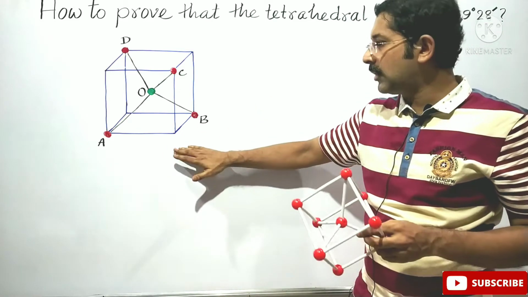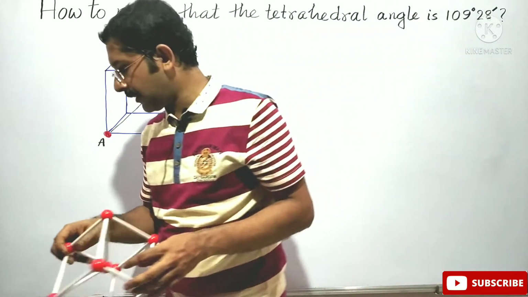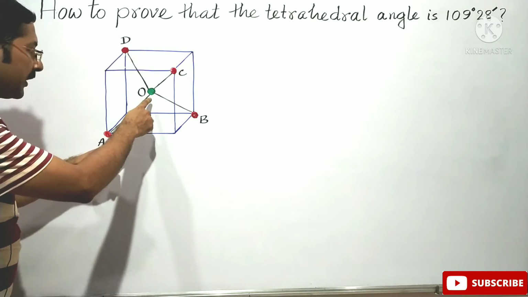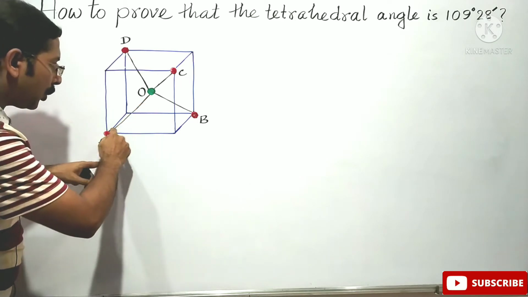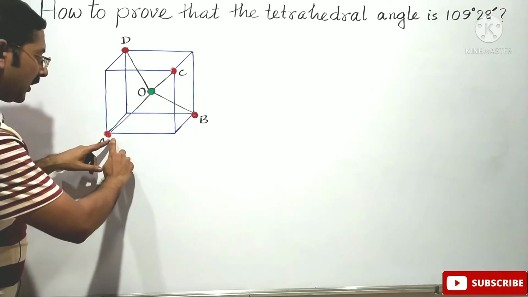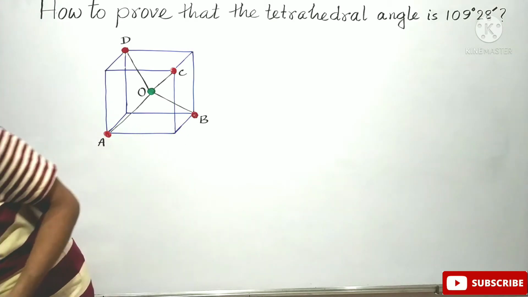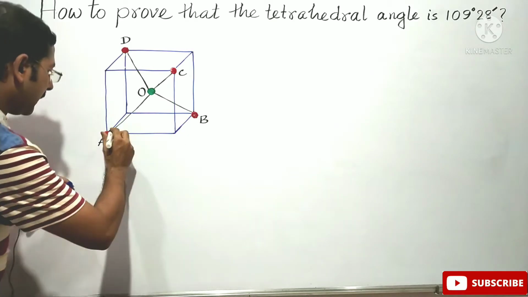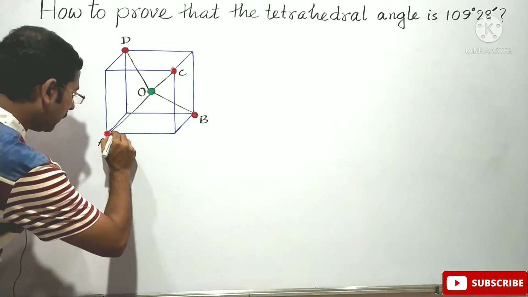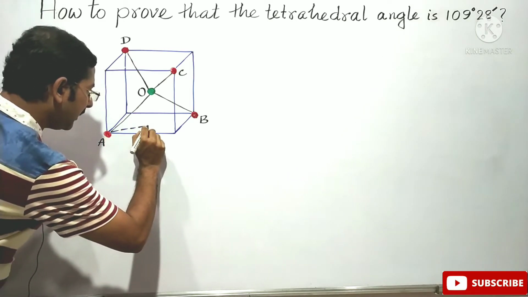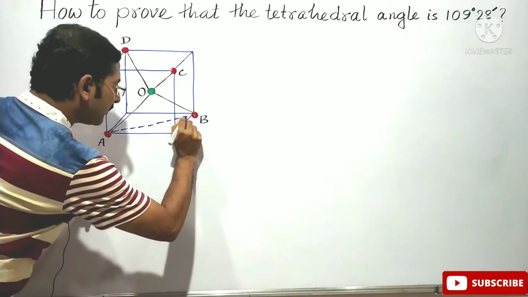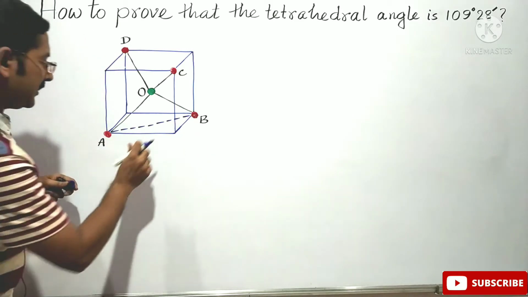So now look, how can we do this? Firstly we can draw a perpendicular on this face diagonal, that is AB. AB is the face diagonal. Now we can join these face diagonal atoms, right?